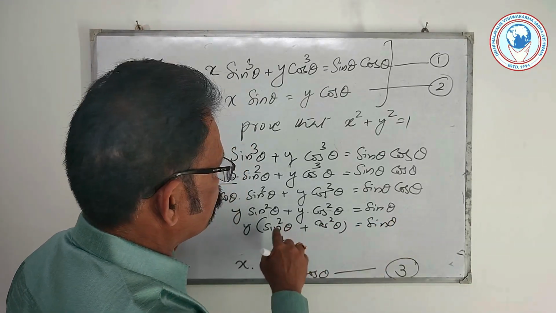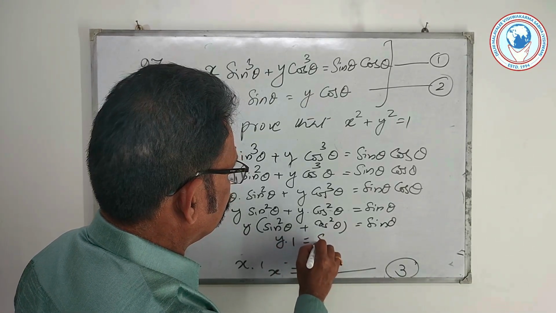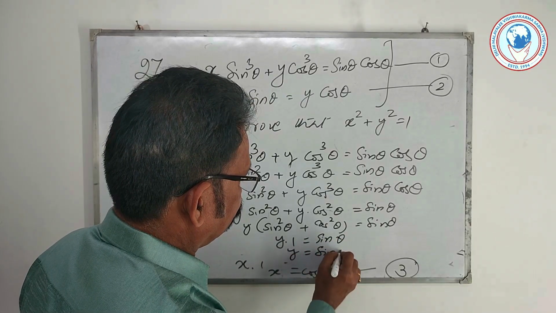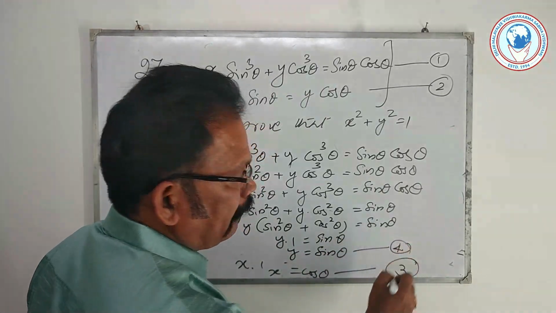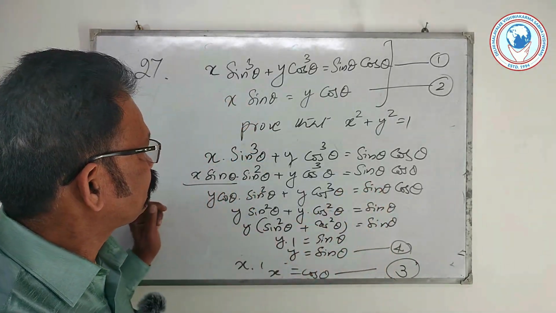So y into sin square theta plus cos square theta becomes 1, or y into 1 is equal to sin theta, or y is equal to sin theta. Equation 4. We want the value of x square plus y square.